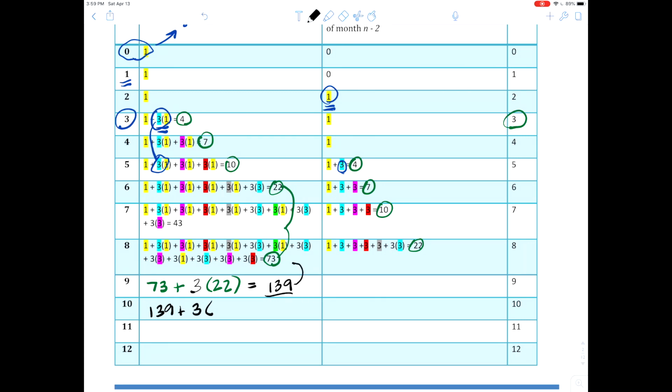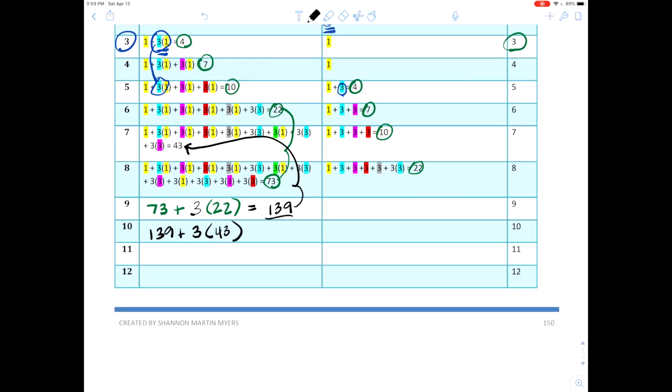And then you got to go 2 back to the 43, but then you got to times that 43 by 3, right? So for that, we'll get what? 129 plus 139. So on that 10th month, we will have, I think it's 268 pairs of rabbits.